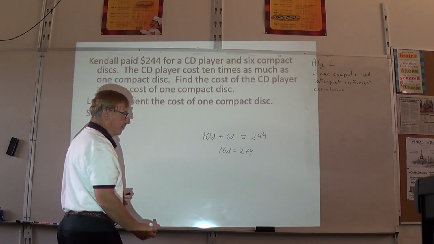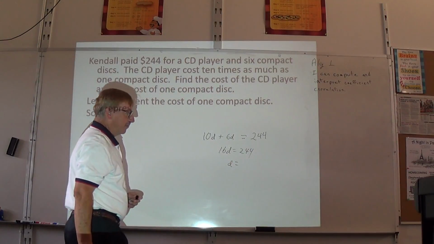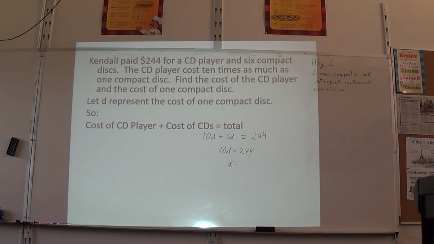Which is 15.2 something. 15.25. Right? Okay. So the cost of one CD disc is $15.25.